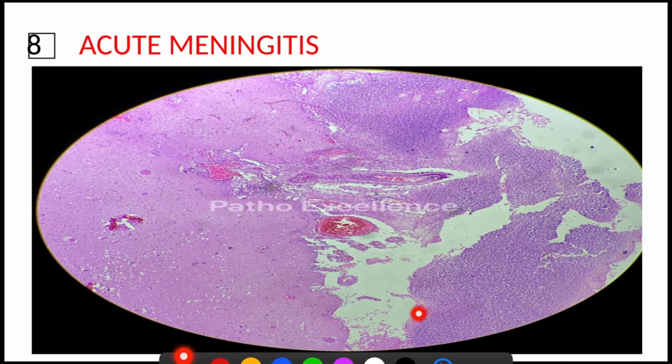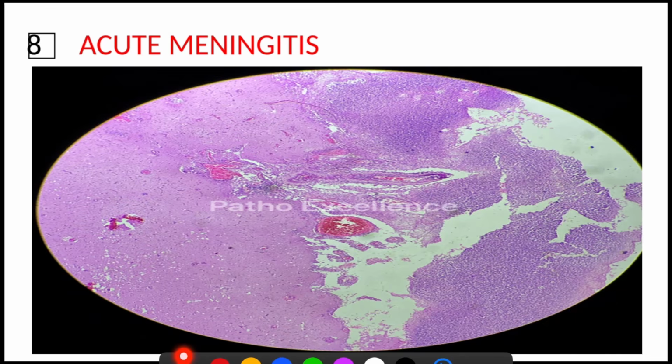Here in the subarachnoid space some bluish granularity is identified. These are nothing but acute inflammatory cell collections. So polymorphs are collected in the subarachnoid space. These are congested vessels.